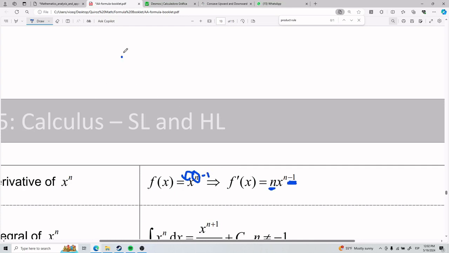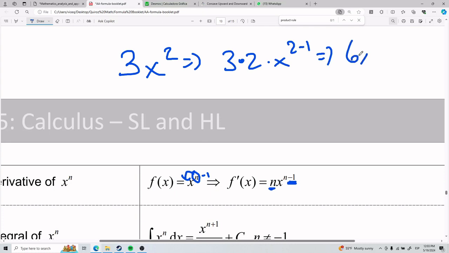So for example, 3x squared is going to be 3 times 2 times x to the power of 2 minus 1, which is just going to be 6x to the power of 1, which is just 6x. And if we have 2 times x, you have a 1 up here, right?